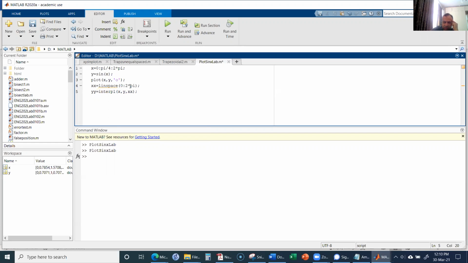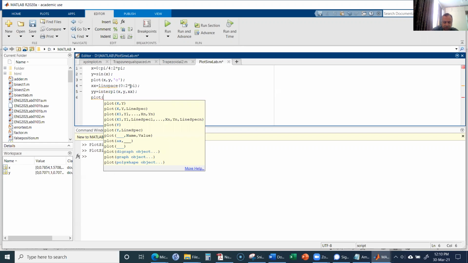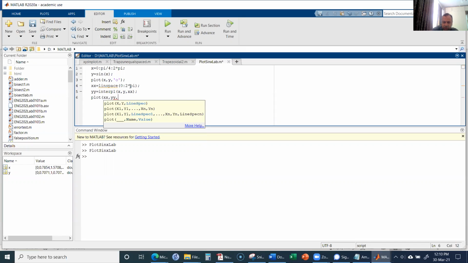So now let's see if I want to plot it. How does this plot look like? Plot of xx versus yy. I want to show this plot as a red line.